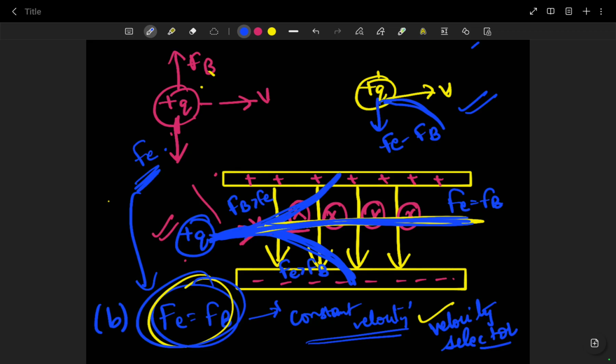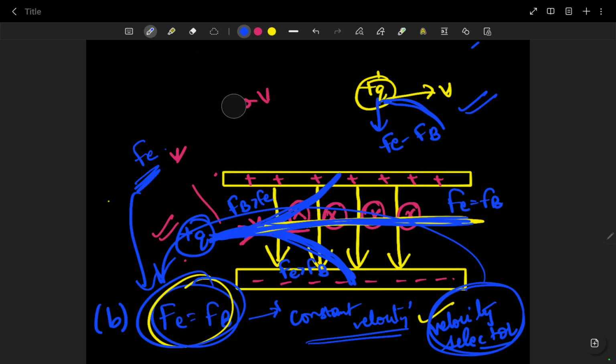But my ask is to give me only those particles that have a speed of 3000 meters per second. At that time you will use this device, the velocity selector, which functions on the condition Fe equals Fb. Okay, and with that I think I've wrapped up these three conditions, and this is all about the Lorentz force discussion that we've had.